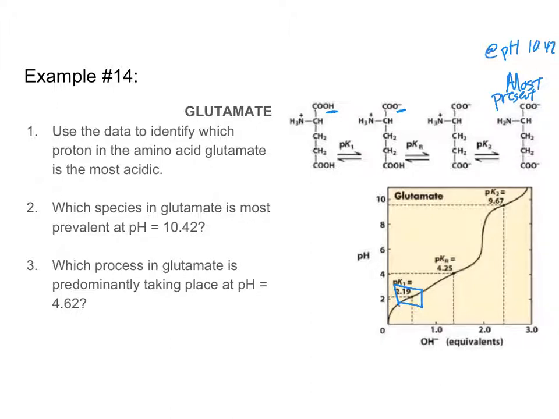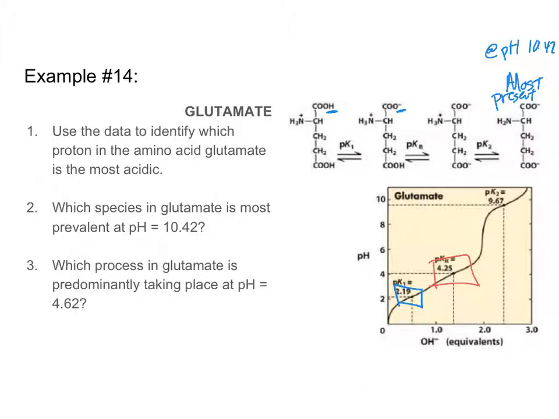And then lastly, what process in glutamate is predominantly taking place at a pH of 4.62? So we're talking about this general region here. So what process is possibly taking place?